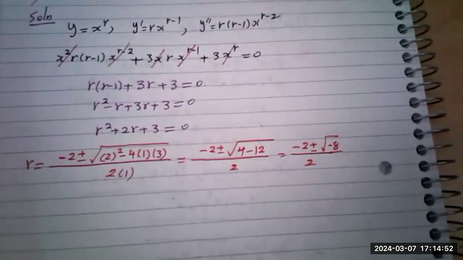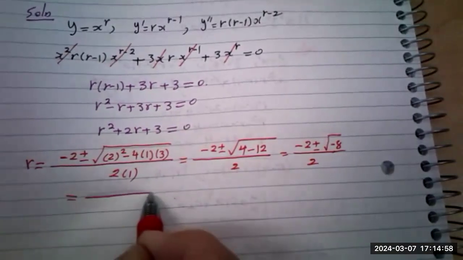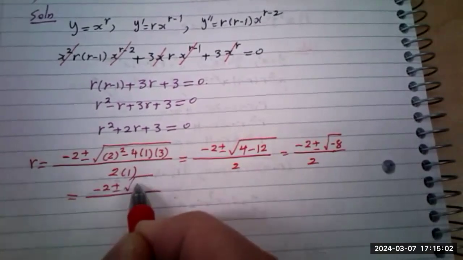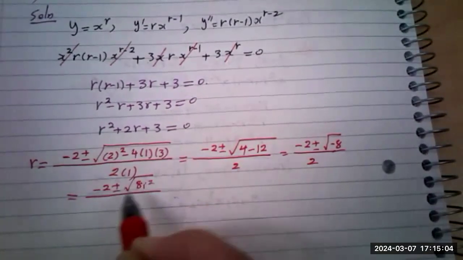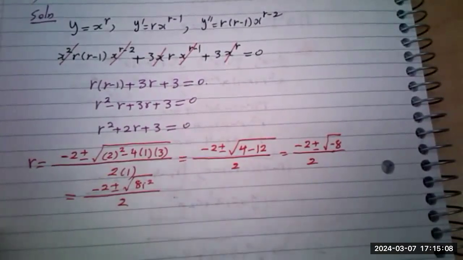You switch the negative 8 into 8 times i squared and you work it. So it's equal to negative 2 plus or minus the square root of 8 i squared, divided by 2. It's not a perfect square, but 8 is 2 times 4.